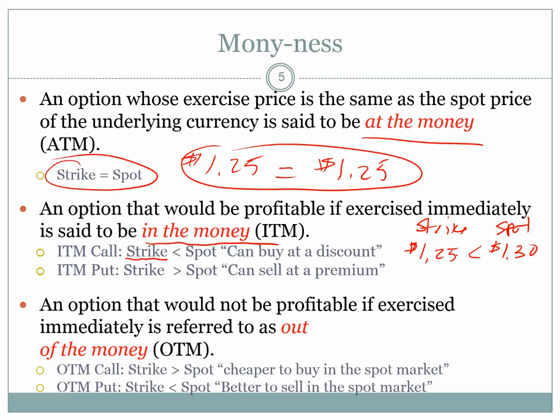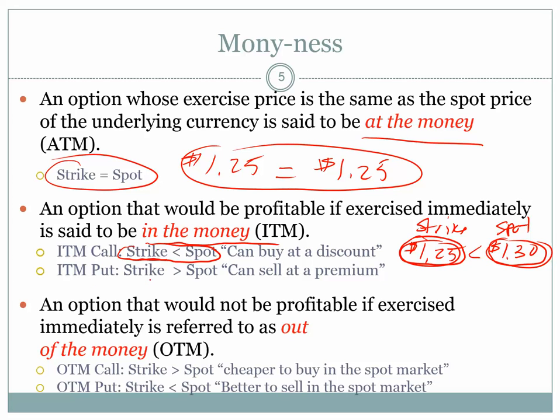Now this is an option that's going to be very valuable to exercise, because I could exercise the option, buy the underlying euros at $1.25, and sell them into the spot market at $1.30 and make 5 cents. So an in-the-money call has a strike that's less than the spot, because you have the ability to buy an asset at a discount to the spot.